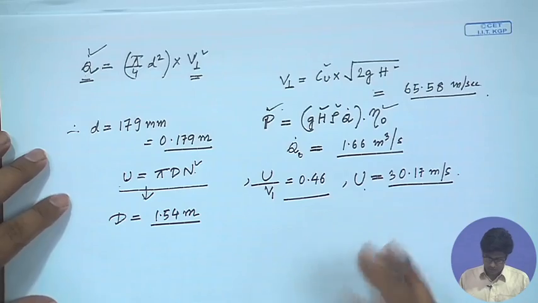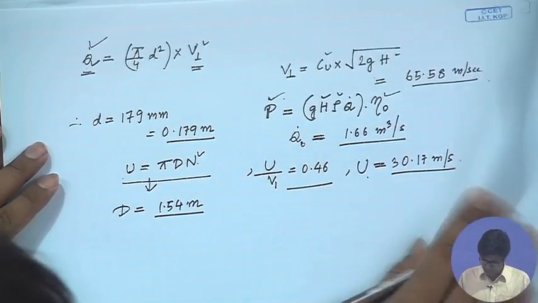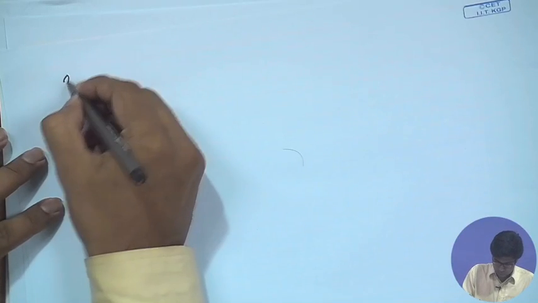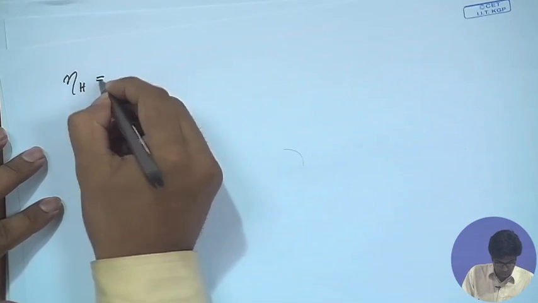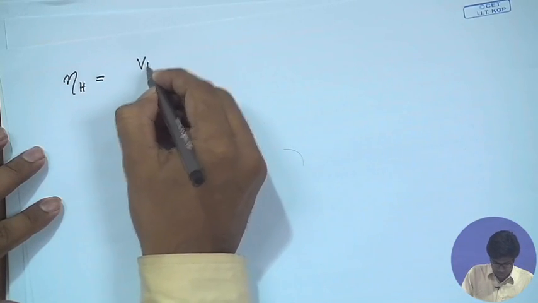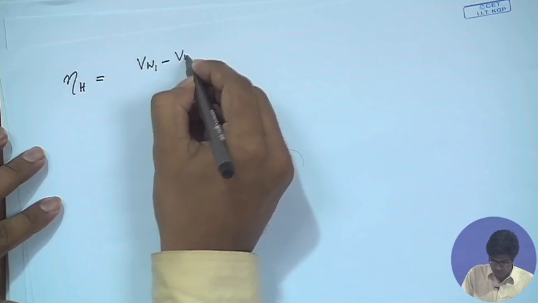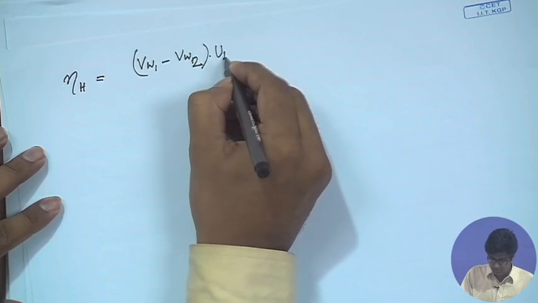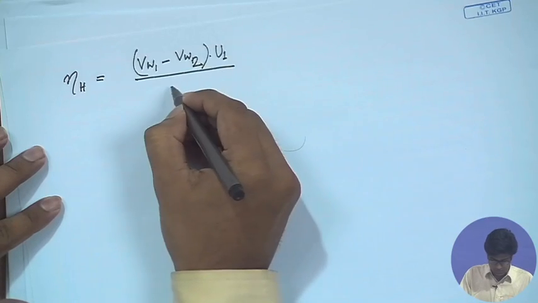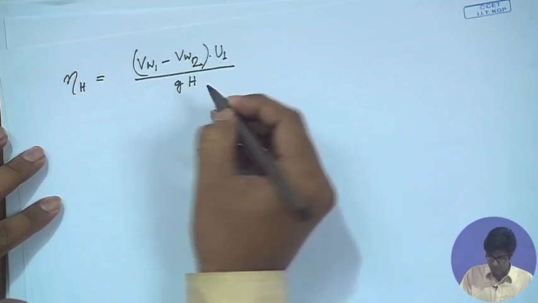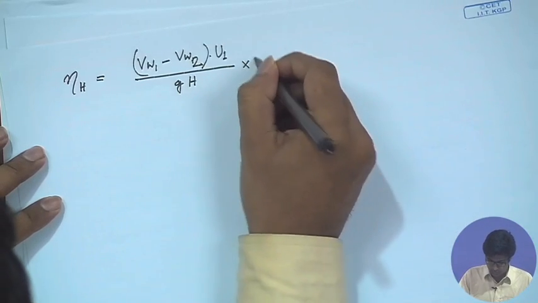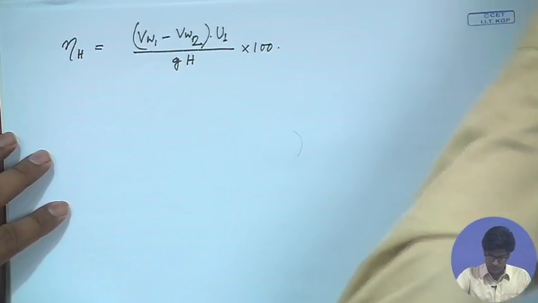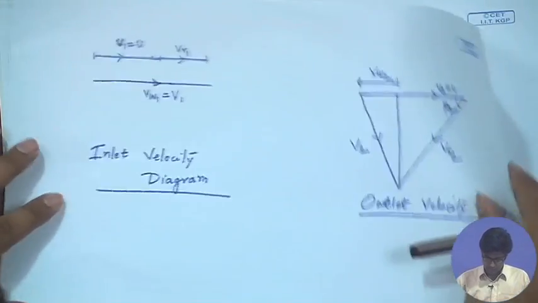Next, we have to find out the hydraulic efficiency. The hydraulic efficiency is given as the tangential velocity at the inlet minus the tangential velocity at the outlet multiplied by the blade peripheral velocity divided by g into net available head into 100. So, let us move on to the velocity diagrams to find out these quantities.